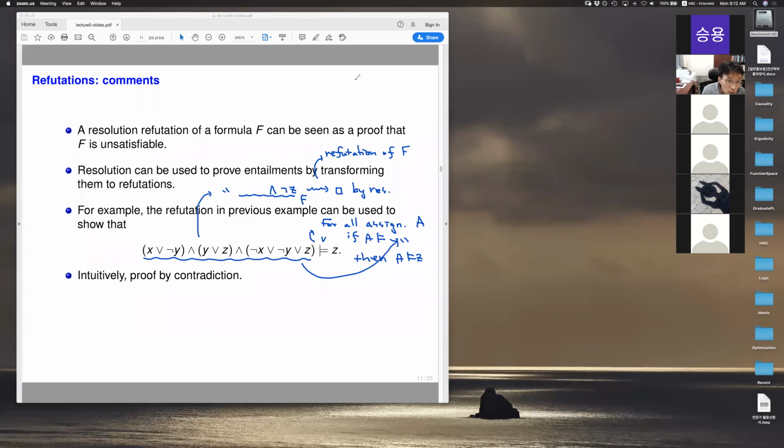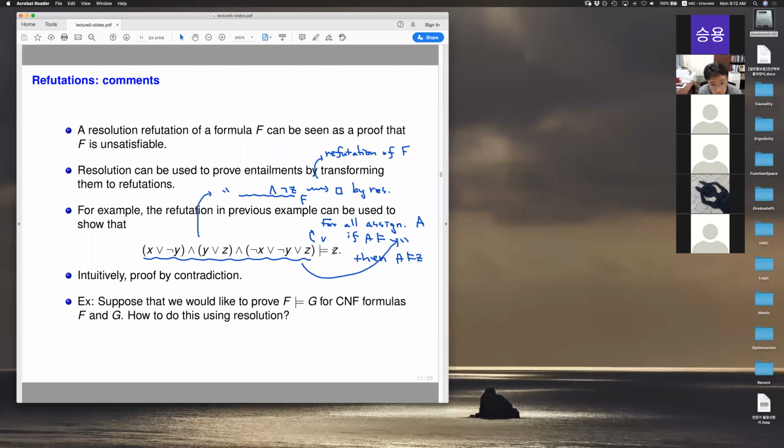Okay, so just to sum up, the resolution proof system is in a sense designed to prove contradiction or to prove unsatisfiability, but it can be used to show any semantic entailment by using essentially proof by contradiction. So here's an exercise I want you to think about.